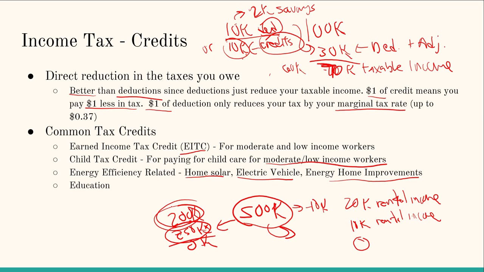So again, this is probably outside the scope of this module and the message I'm trying to convey here, because this is more real estate specific. But I just want to give you an idea that there are ways to play the tax game to legally figure out ways to defer or avoid paying tax.